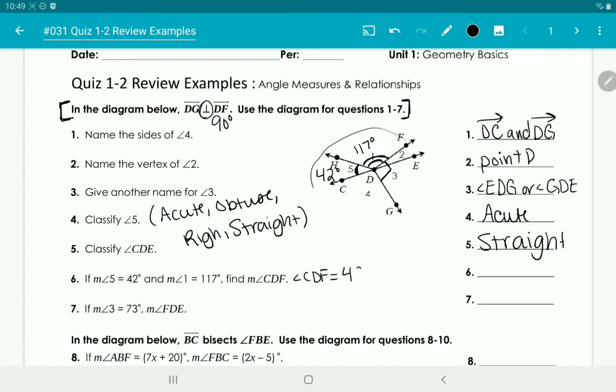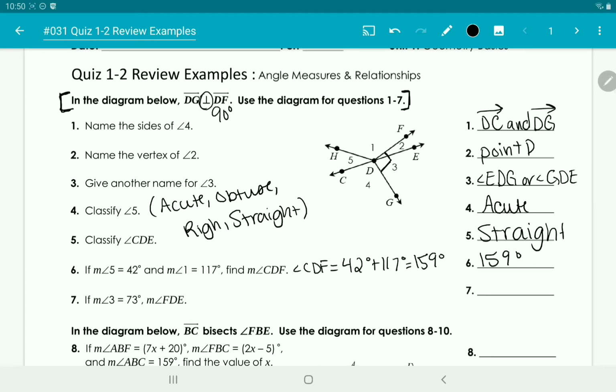So 42 degrees plus 117 degrees gives us 159 degrees. Because these two angles make up the larger angle, you can add them together to get the larger angle's measure. Okay, so I'll erase that.